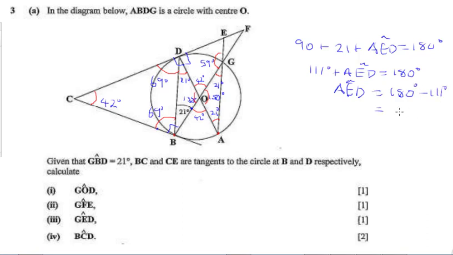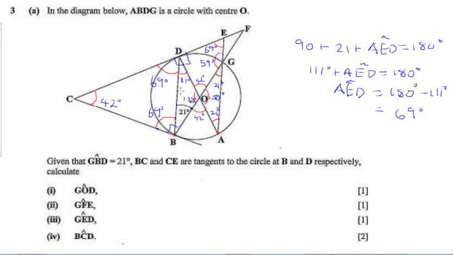And this gives us 69 degrees. So we've got 69 degrees at angle AED. Where is AED? So we've got 69 there. Let me just indicate the angle. So we found most of the angles.